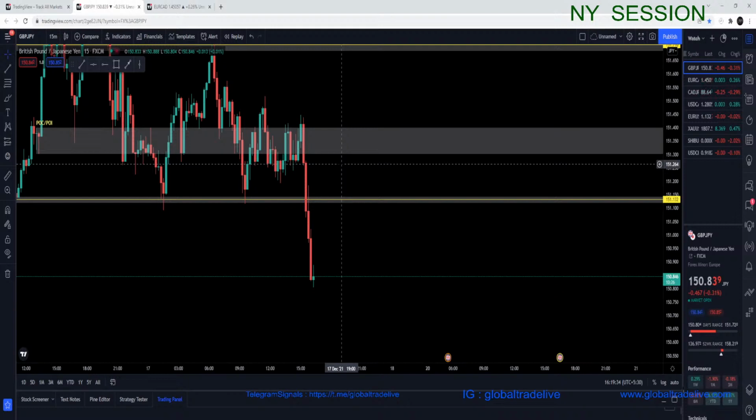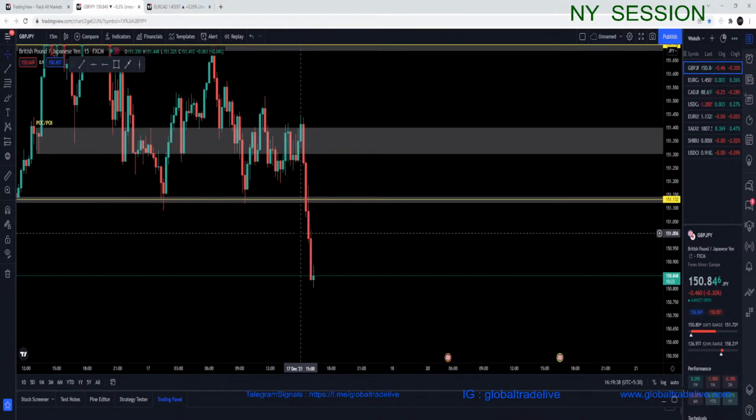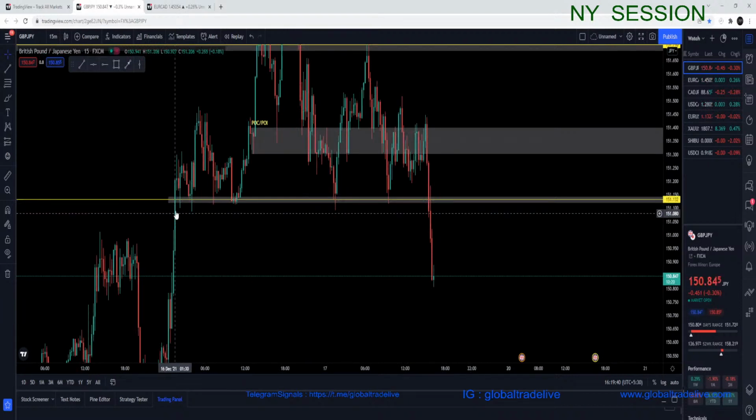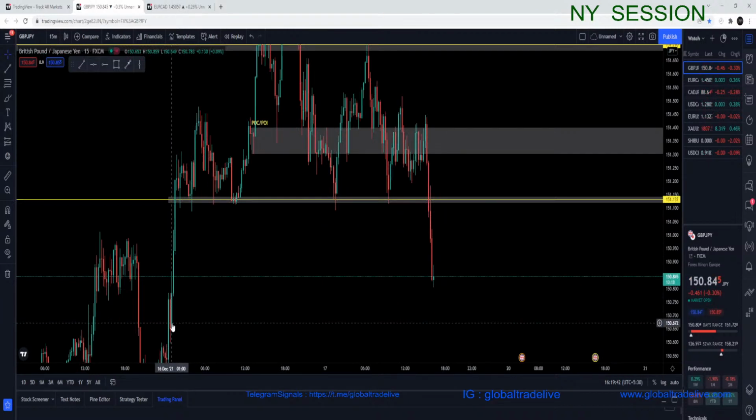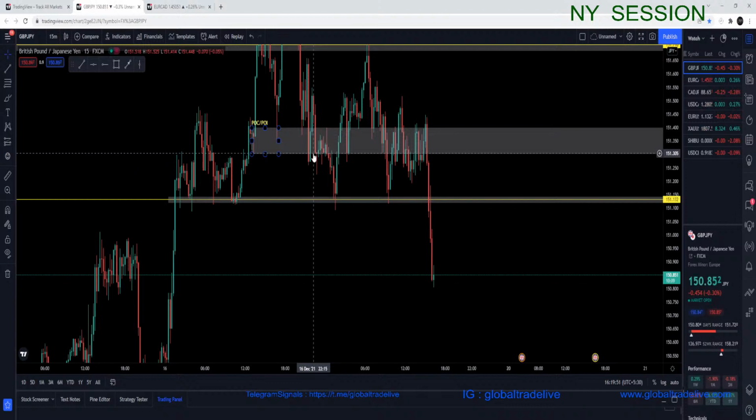extremely easy and nice trade, which I really missed out. We had an extremely good clean range to the left, and I have already marked this area since yesterday. So just hold on.